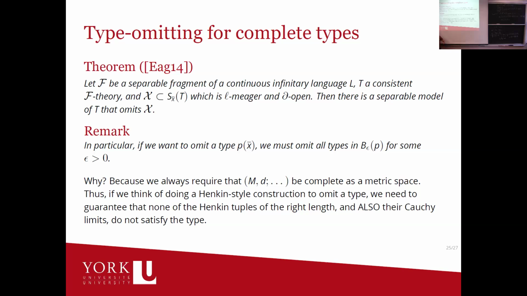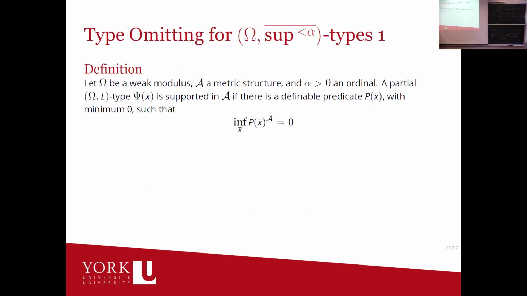So essentially, you need to make sure that all the Henkin constants stay away by some epsilon from the type you're trying to omit. So type omitting in continuous logic is harder. It involves a sort of new idea.